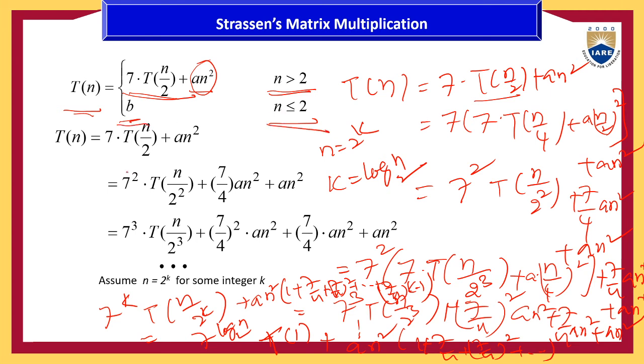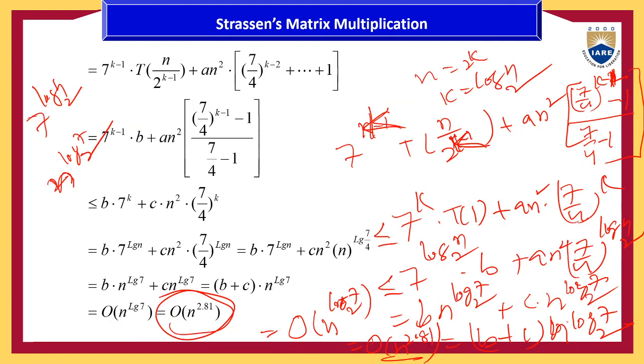So T of n equal to 7 into T of n by 2 plus a n square. Again T of n by 2 is in the form of T of n, so we use the same formula and get this equation. Again T of n by 2 square is also the form of T of n, and applying the same formula recursively we get this equation. Repeating 3 times we get power 3. Suppose repeating this k times, we get this equation.